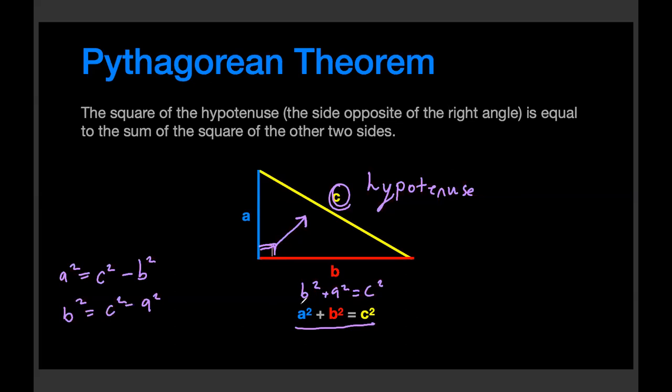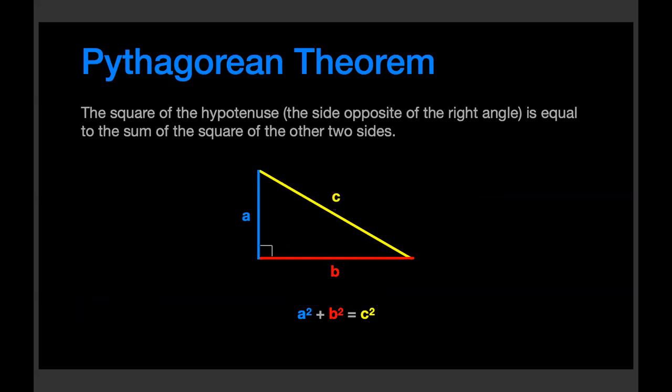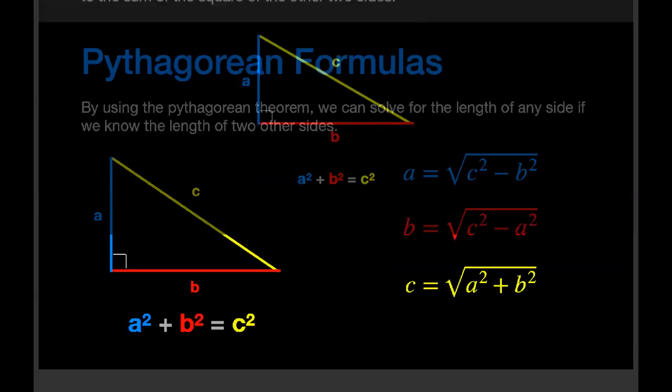Because yeah, we can solve this equation for each of these lengths. We can solve it for A and B and C. So in case we know two of these sides, and we didn't know the third, we can always find the third side. So I actually have this on the next slide. Let's go there.